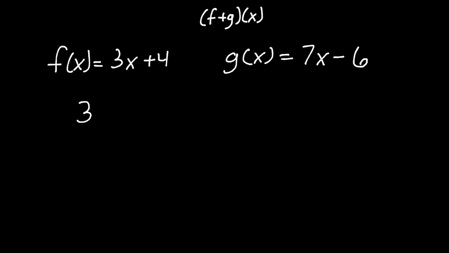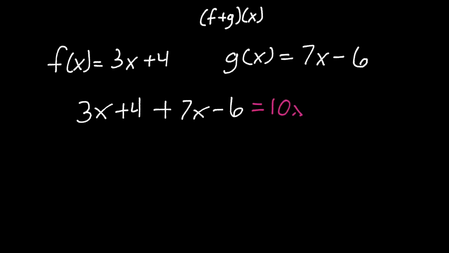So we're going to have 3x plus 4 plus 7x minus 6. And we've got to make sure that we combine like terms, so my x's add to my x's, my constants add to my constants, and I'll get the end result as f plus g of x.